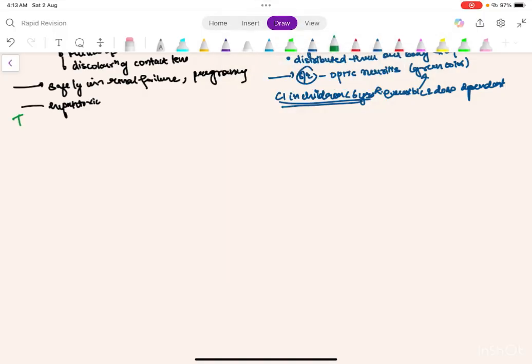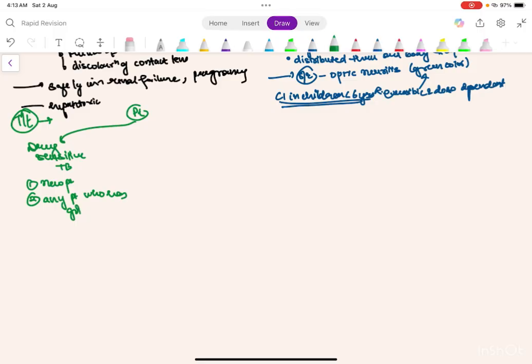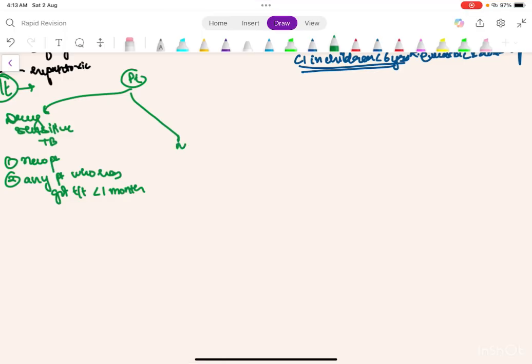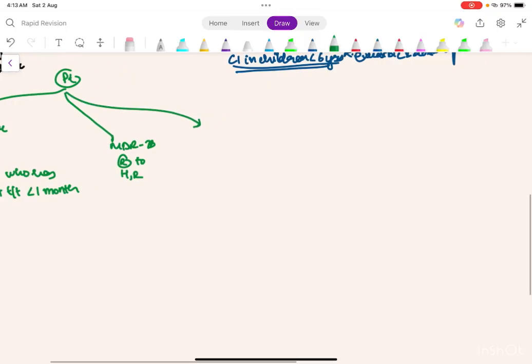If there is drug sensitive TB, either it is a new patient or any patient who has received treatment for less than 1 month. Then we have MDR TB, which is resistant to isoniazid and rifampin. Then we have rifampicin resistant.